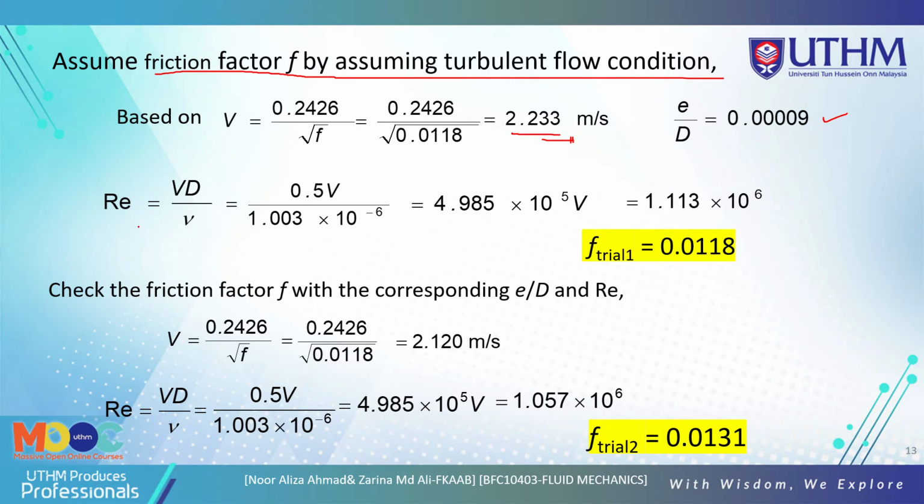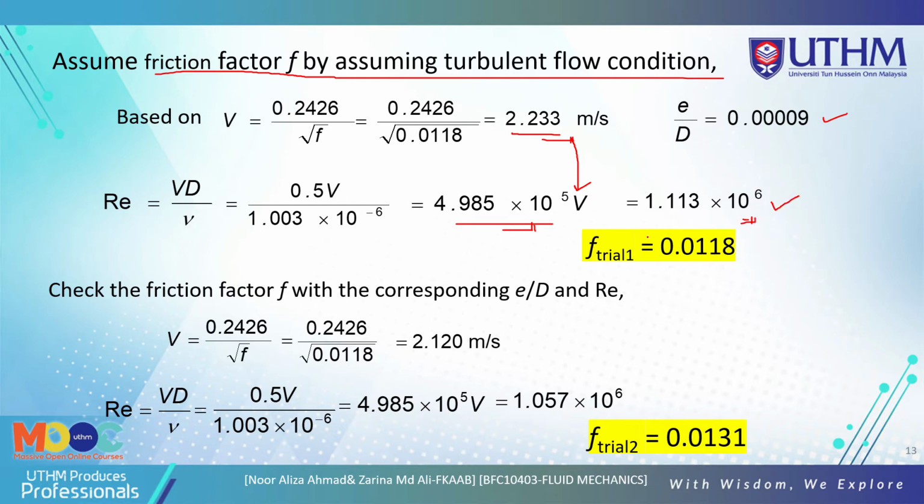The Reynolds number is Vd over the kinematic viscosity. So you get 0.5 V here, so you get the Reynolds number in terms of V. You put V here and get the value for the Reynolds number.